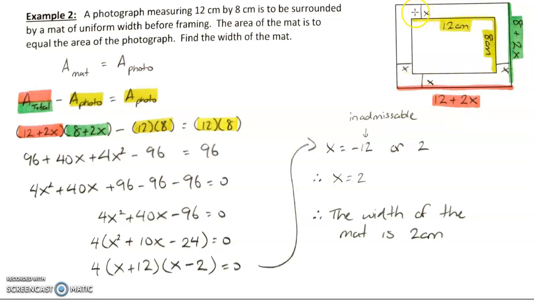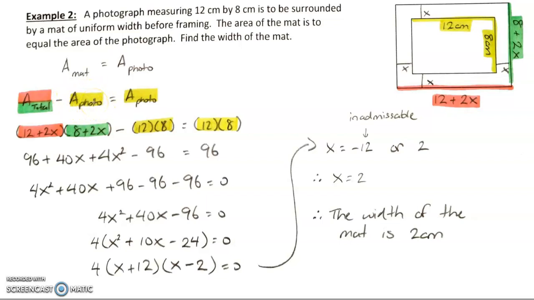Now, how do I find that? That requires a little bit more work. You can take the larger rectangle's area and subtract the smaller rectangle's area, and you'll be left with the kind of paper frame around it, which represents the mat. So that's the area of the larger rectangle, subtract the area of the smaller rectangle.